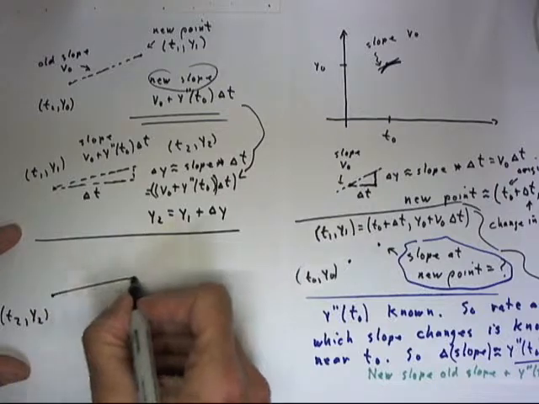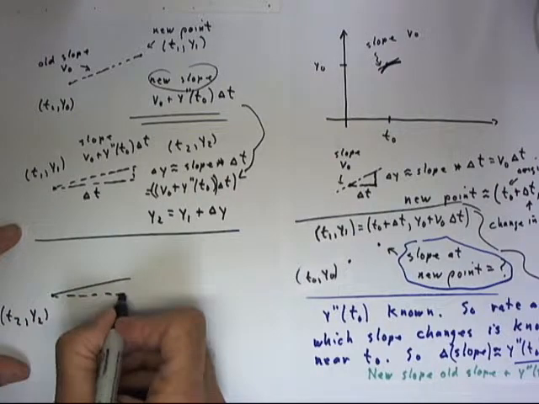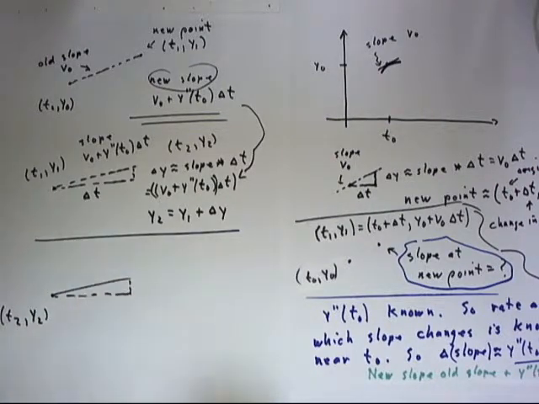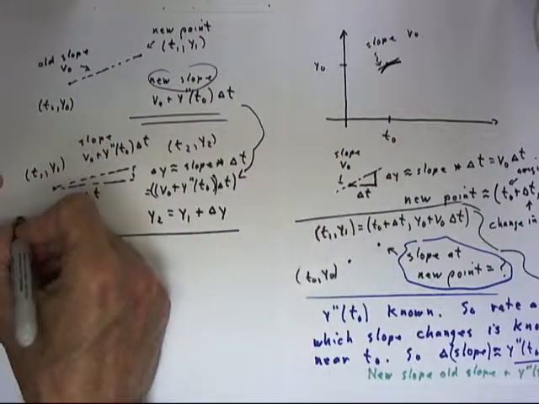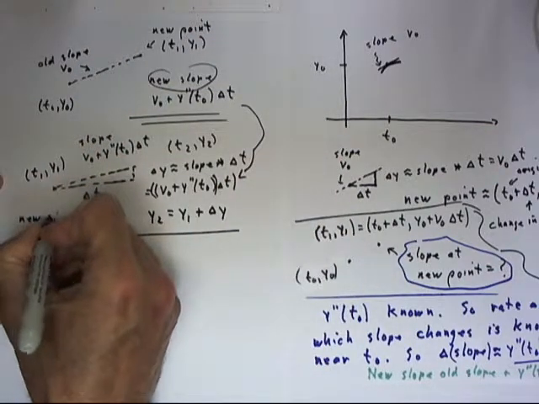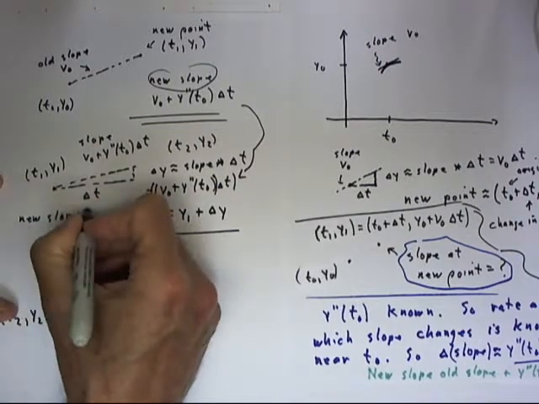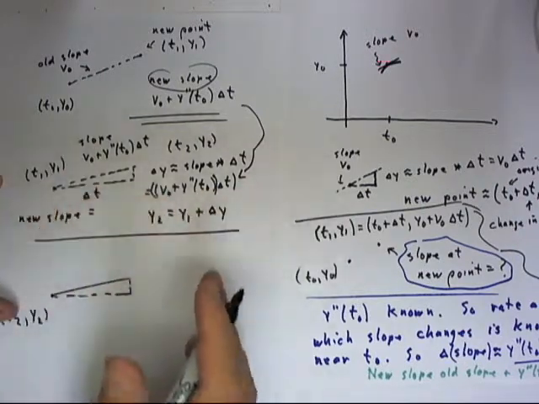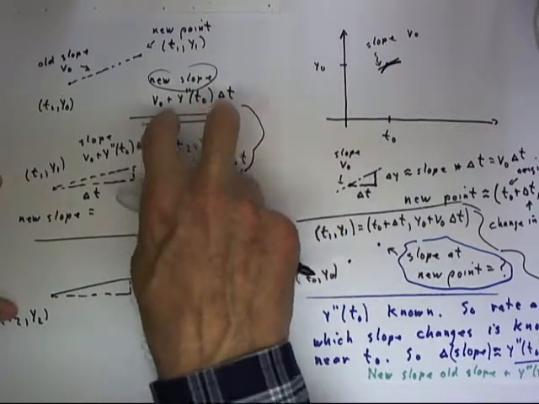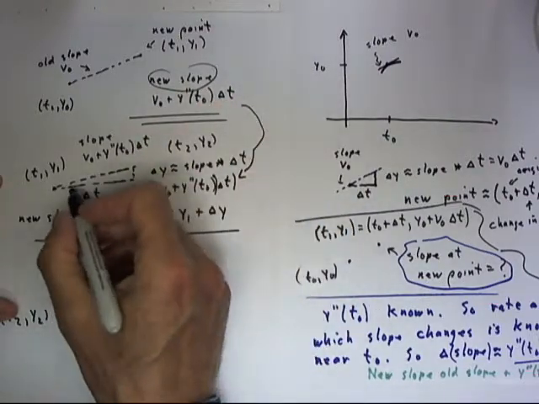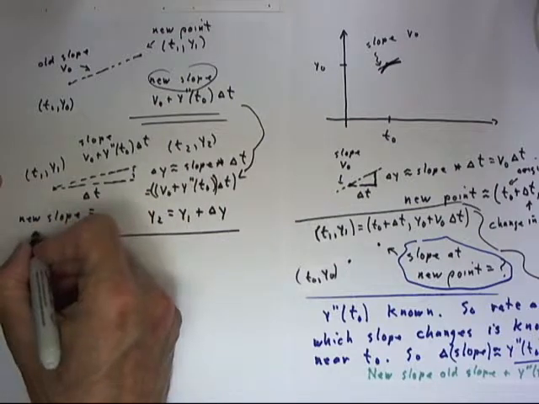Now needing to project to a new point, and we're going to have to figure a new slope. What's our new slope? It's going to be our old slope, which was this, plus our change in slope.